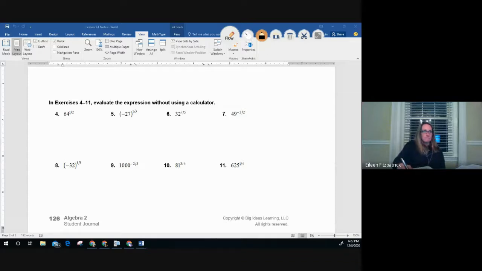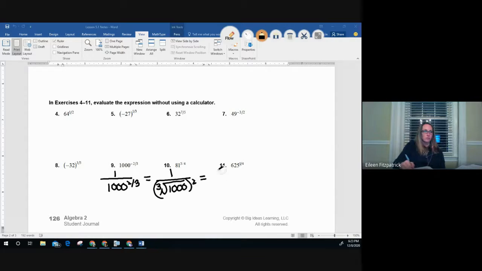All right, let's go to the next one. Make the exponent positive first, so it's going to be 1 over 1,000 raised to the 2/3. Then I'm going to work horizontally because I'm going to run out of room if I go this way. The bottom number tells you what root to take, so the cube root of 1,000, and then squared.